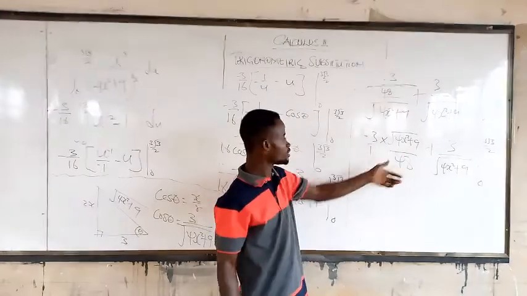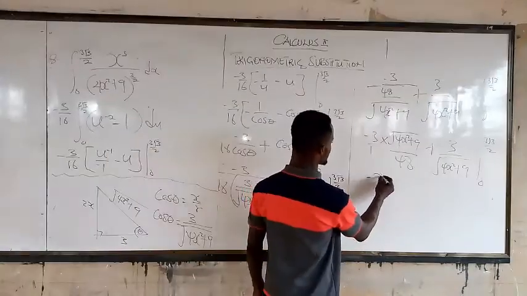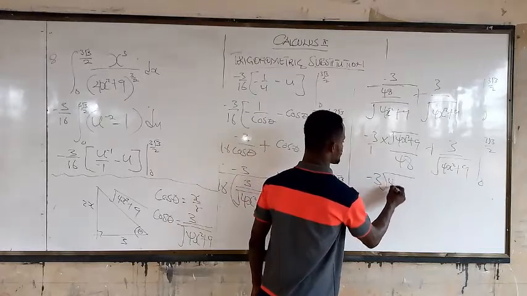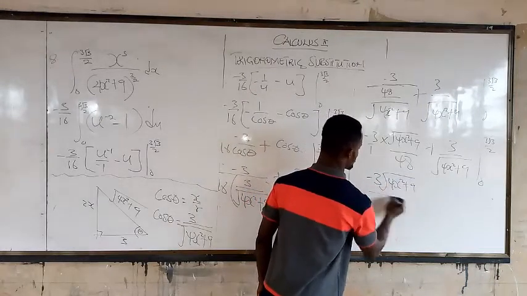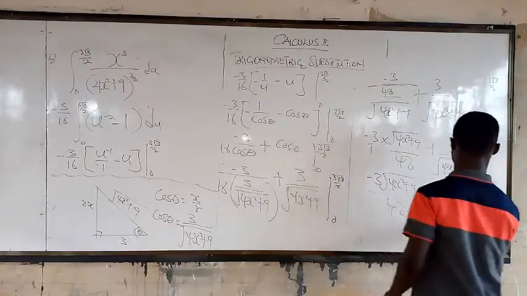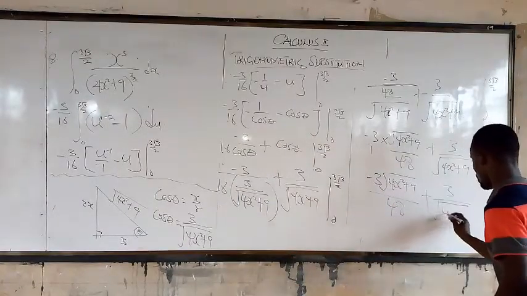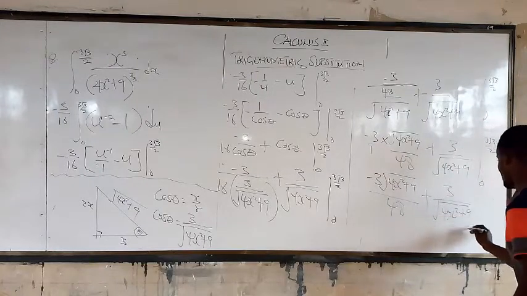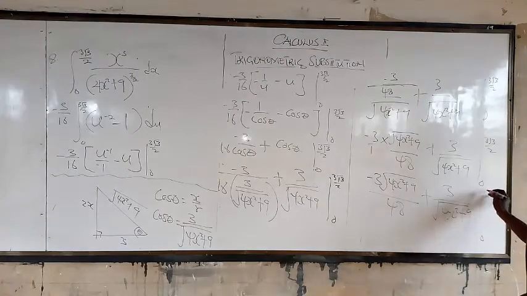So here you get negative 3 square root of 4s squared plus 9 over 48 plus 3 square root of 4s squared plus 9, and we have 0, 3 square root of 3 over 2.